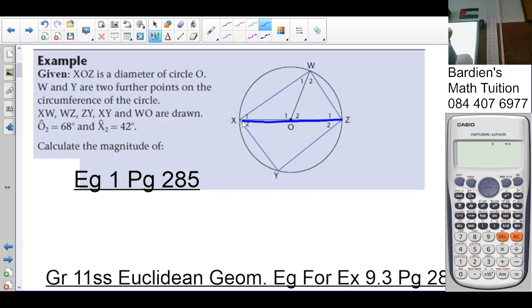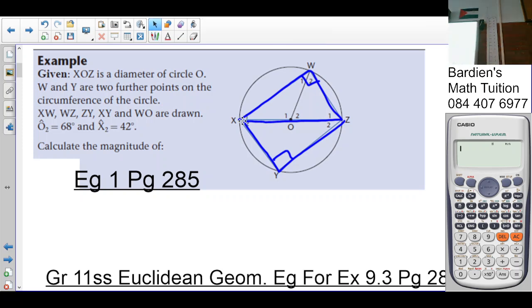Angle W1 and 2 forms 90 degrees, not so? If I say that, then what's the reason? Angle in semicircle. What else can we say? Y is also 90. Why? Angle in semicircle. Does it make sense, people? In our mind's eye, that is what we must see.